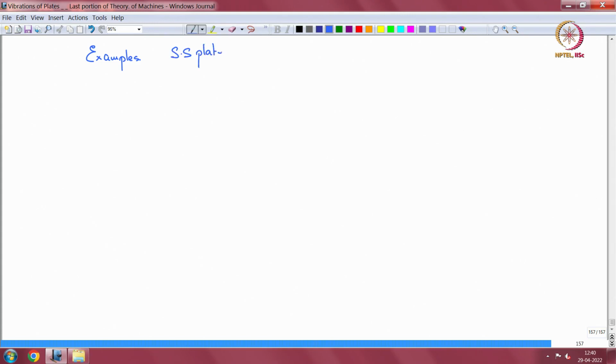The method is the same for any other, as long as you know the mode shape and resonance frequencies. So I have a simply supported rectangular plate, simply supported on the edge all over.